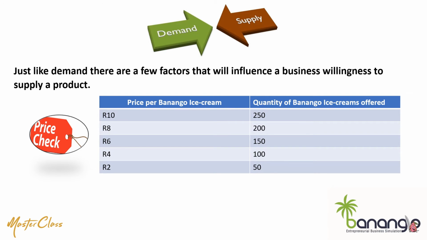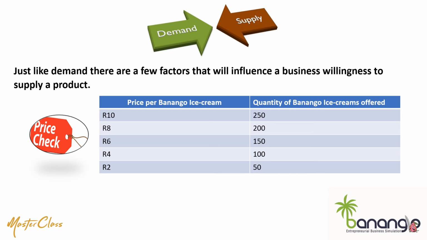Just like demand, there are few factors that will influence a business' willingness to supply a product. Again, price is the first consideration. If we have a look at the information on the table, it will show how many Benango ice cream sellers are willing to provide this product and at what possible price.